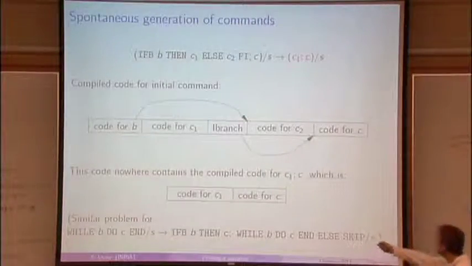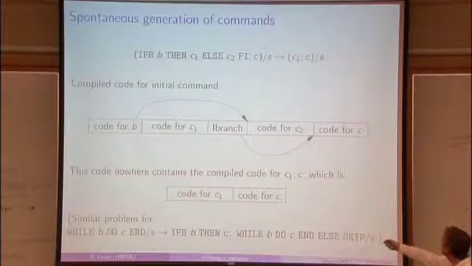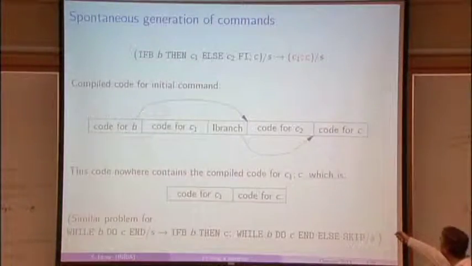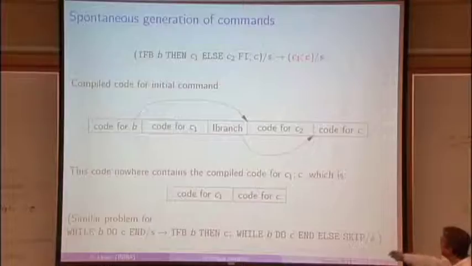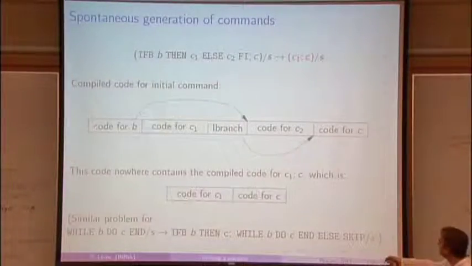Example: if B then C1 else C2, followed by some code C, that reduces, because B is true, to C1 followed by C. This is the compiled code for this command on the left. So code for B with a test, followed by a code for C1, followed by a branch, followed by a code for C2, followed by the code for C. And then there might be some other code before and after.